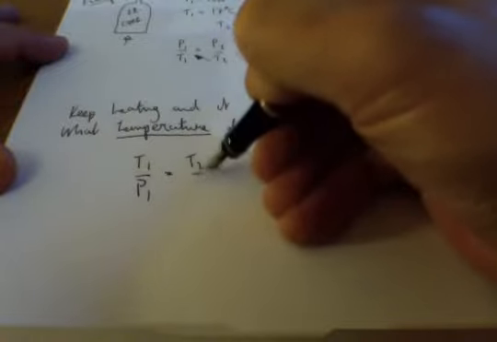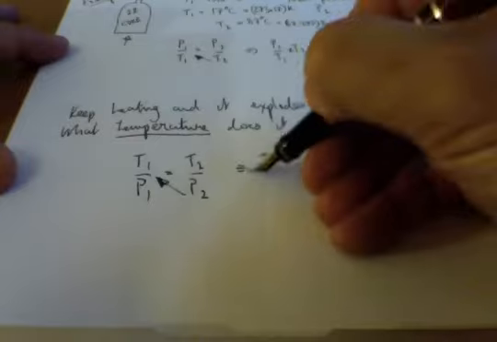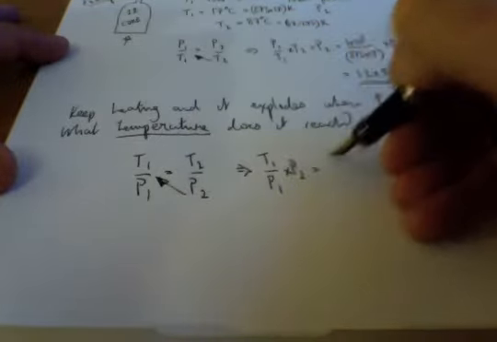Right, now I'm looking for the temperature, of course, so therefore I'm going to write the temperature first. So T1 over P1, which is perfectly okay, equals T2 over P2. And now, of course, I'm looking for temperature 2, so I'm going to get rid of that P by multiplying through: temperature 1 divided by pressure 1 times pressure 2 gives me temperature 2.